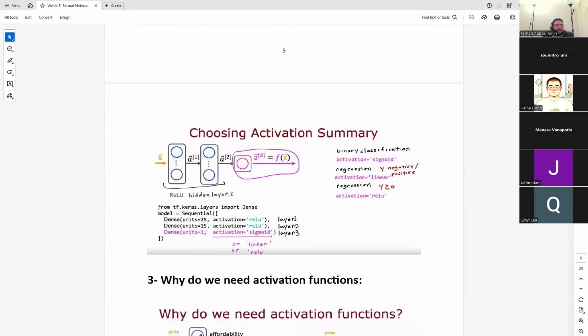And then here, again, from TensorFlow Keras layers, we import Dense, and then our model is the Sequential of these three layers. The first two hidden layers, as I mentioned, we use ReLU. And then the last or output layer depends on our application. If it's binary classification, activation is equal to sigmoid. If it's regression with either negative or positive values, it's linear. If it's a regression application with just positive values, it's ReLU.